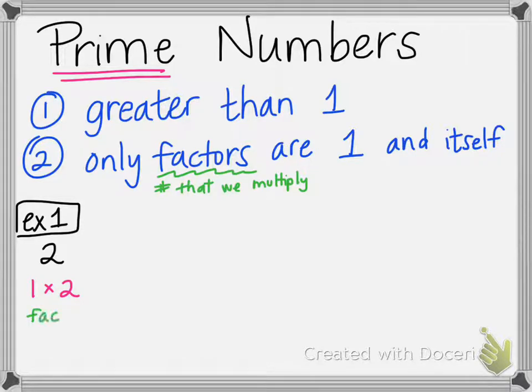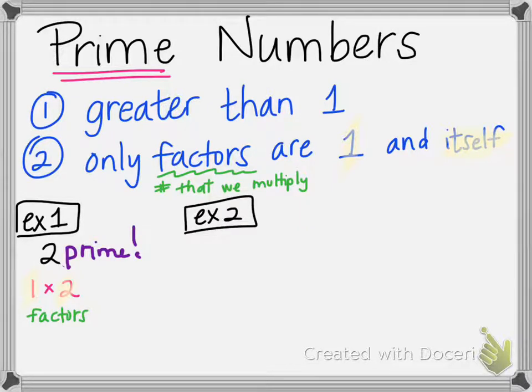So notice that the factors here, just like the definition said, can be 1 and the number itself. And the number itself is 2, because that matches what we were originally doing. So that matches rule number 1 and rule number 2. 2 is, in fact, a prime number. 2 is prime.